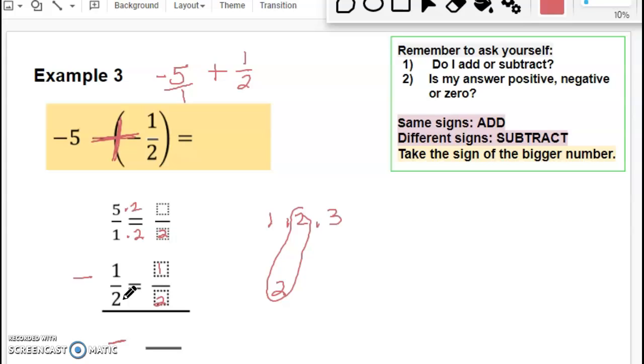So 5 times 2 equals 10. Okay, now it tells me to subtract. So I'm going to do 10 minus 1 is 9. And I'm going to keep my common denominator of 2. So my answer is negative 9/2. And that's it.